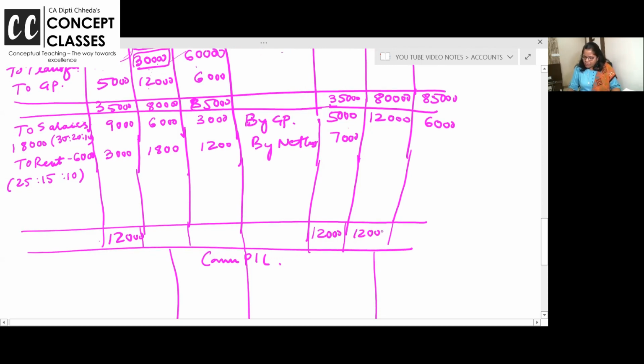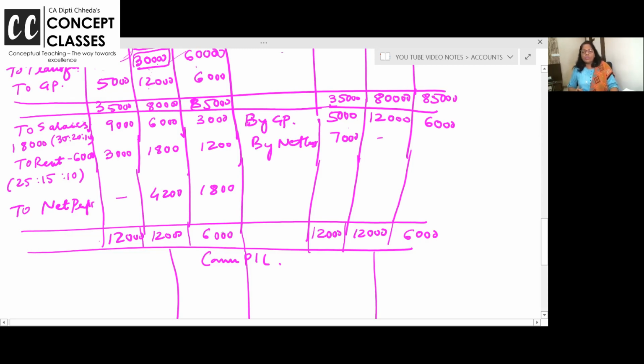J department total is 12,000 and there is a net profit. 12,000, 4,200. Last department also: 6,000 minus 3,000 minus 1,200, 1,800 is the profit.